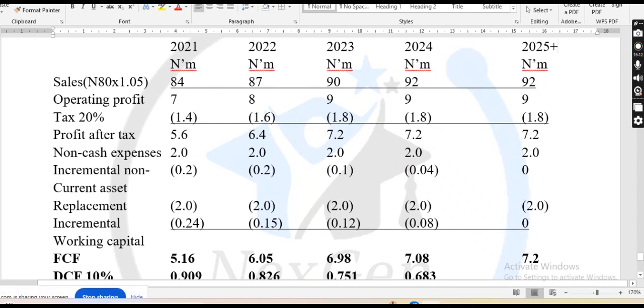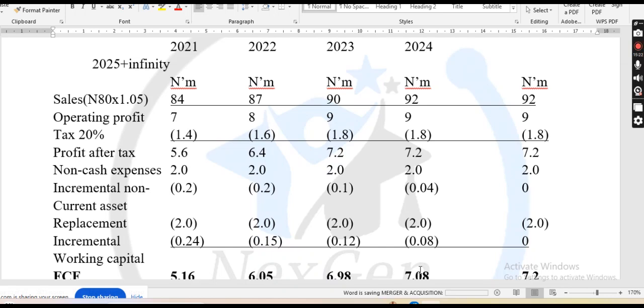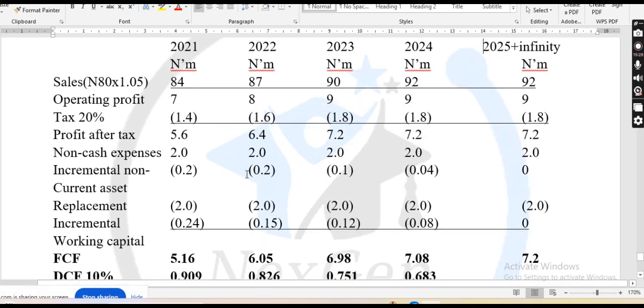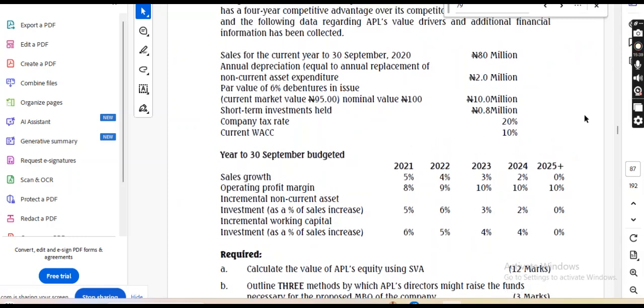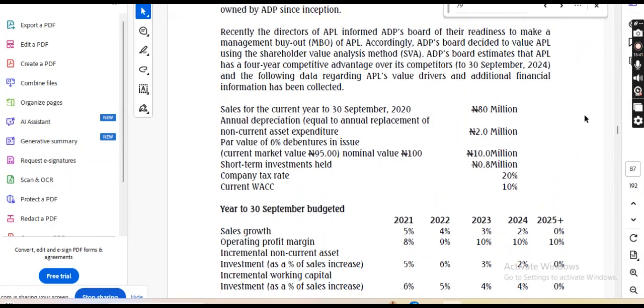Class, I've analyzed this question. Now, why is it infinity? I have to repeat it because some questions may come like this.